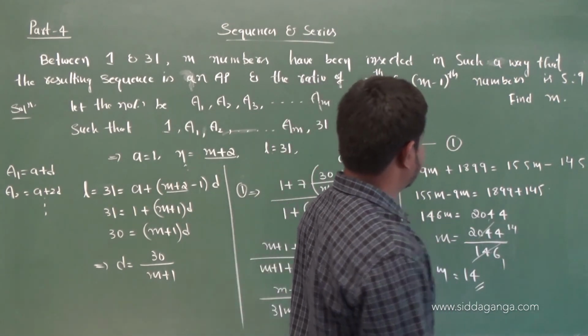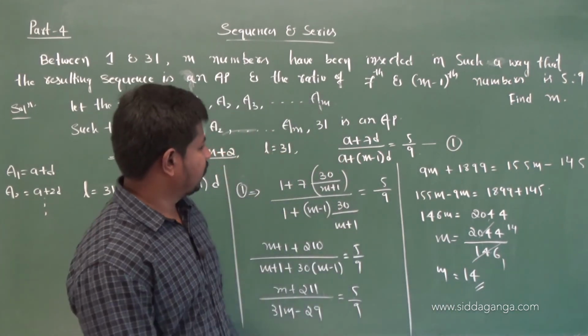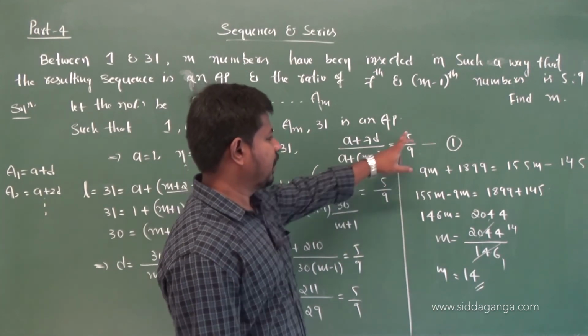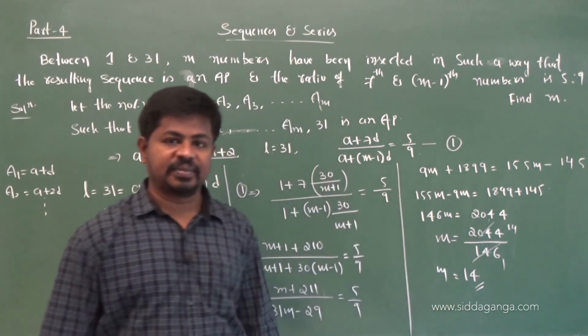Right? So m is 14. I mean the ratio of the 7th term and the m minus 1th term becomes 5/9 only when m is 14. That's it.